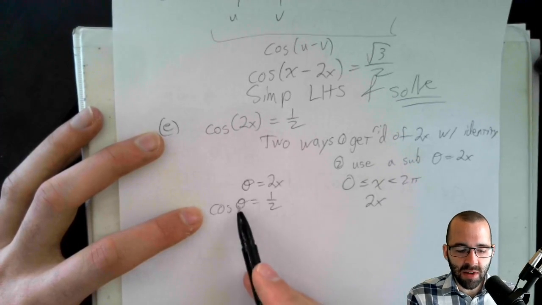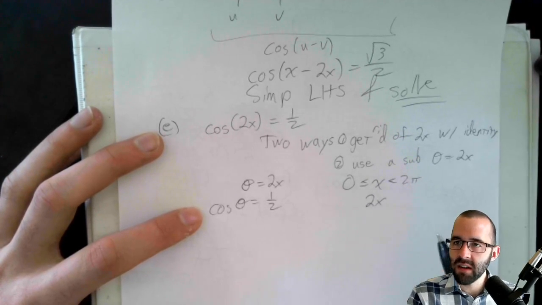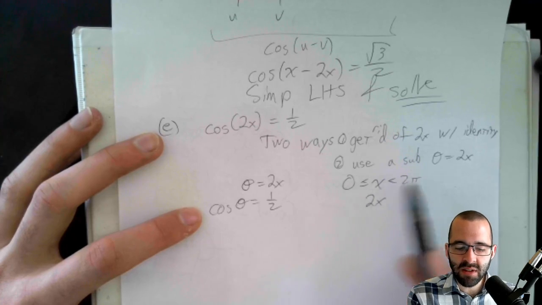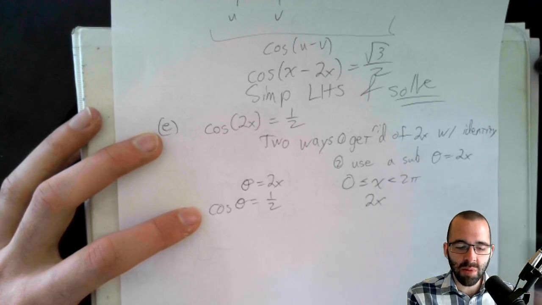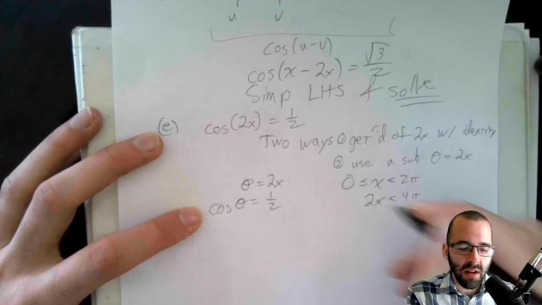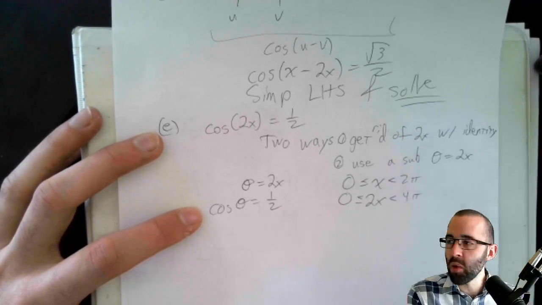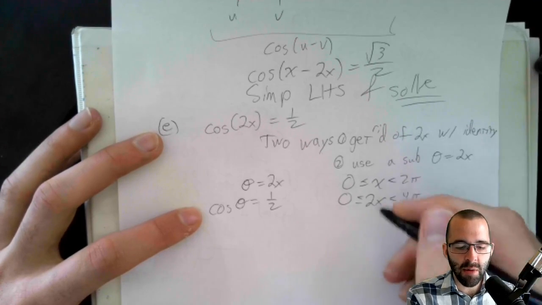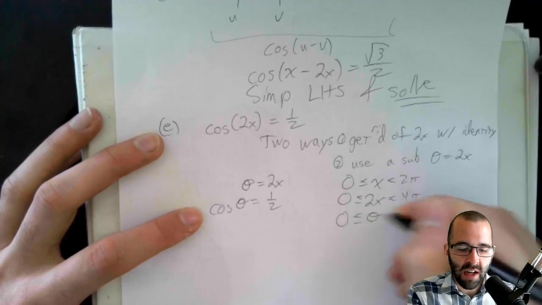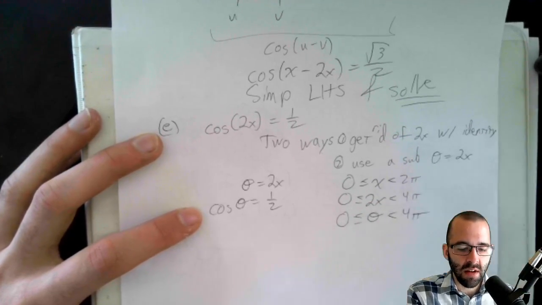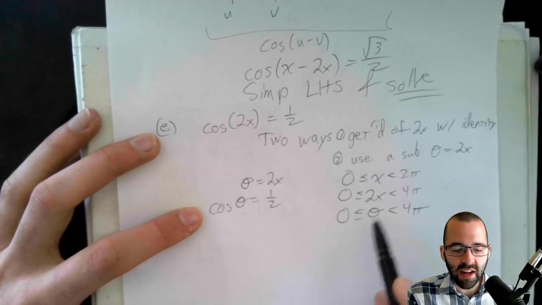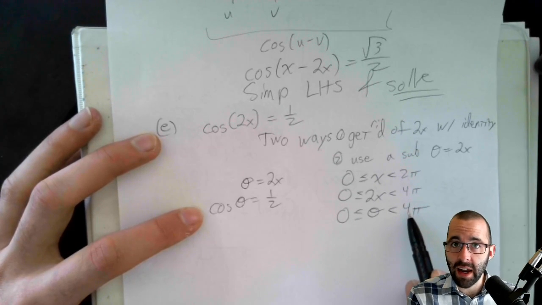If we're solving something in terms of theta, we need to know the domain. X is going to be between 0 and 2 pi. So 2x, just multiply everything by 2, is going to be between 0 and 4 pi. And remember, 2x is theta. So when we're solving this, we're solving for all the theta in 0 to 4 pi.